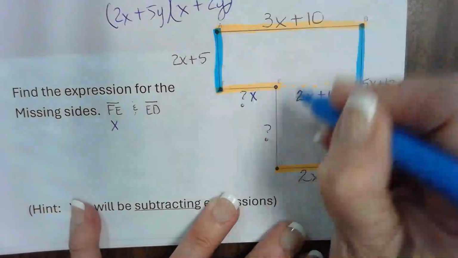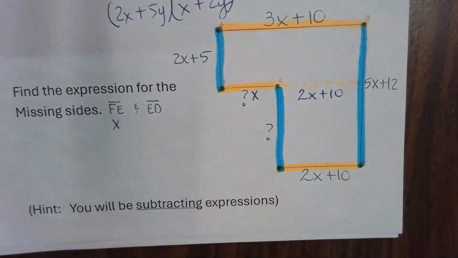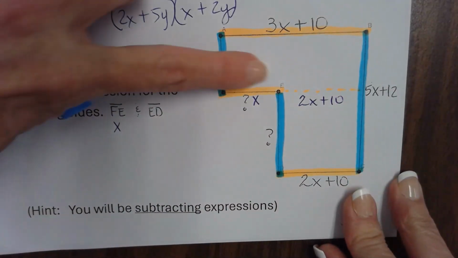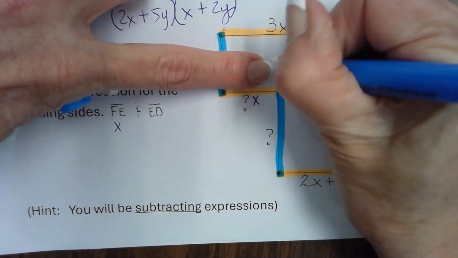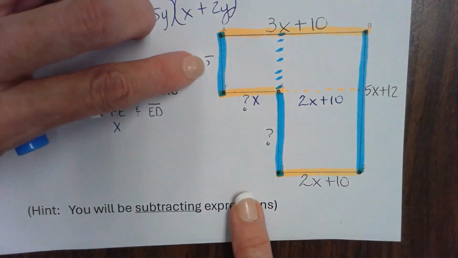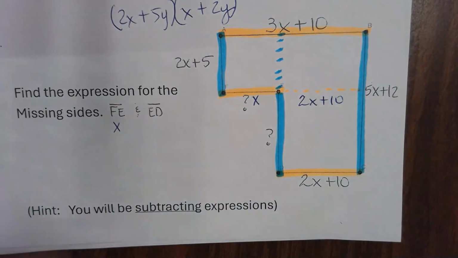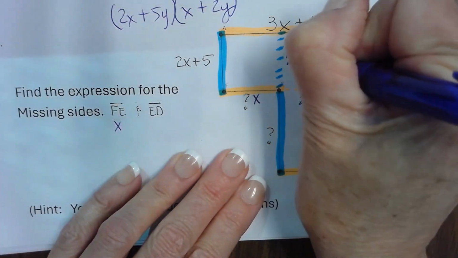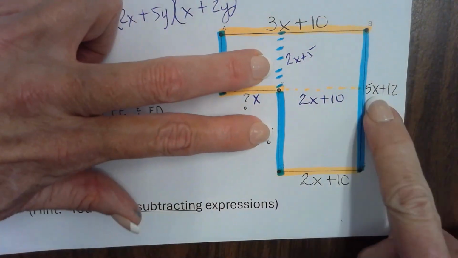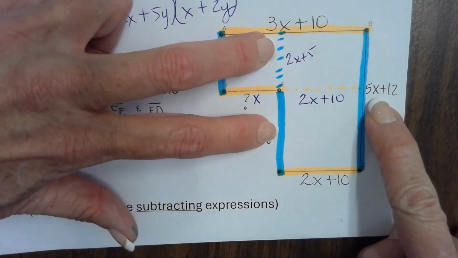Okay, now, this line here is these two lines put together. So if you can imagine moving this line to here, notice these lines will match. So I'm going to move this line to there, so the dotted area is 2x plus 5. So now these two have to equal this. Well, y'all, I can subtract.